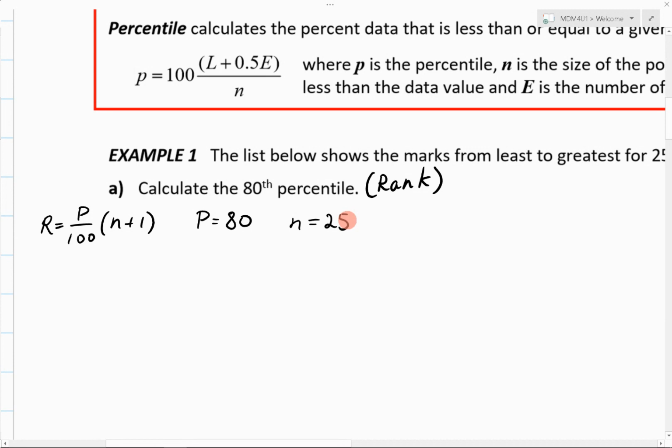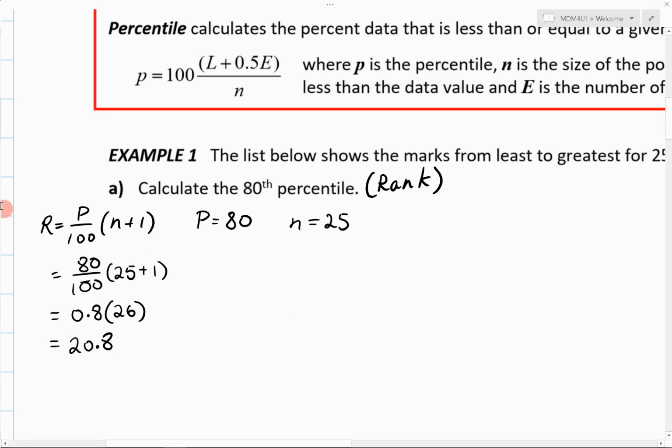So if I plug these values into my formula, I will get 80 divided by 100 times (25 plus 1). When I simplify that, 80 divided by 100 is 0.8, and 25 plus 1 is 26. When I multiply 0.8 times 26, I get 20.8.